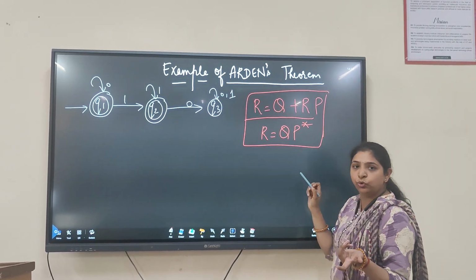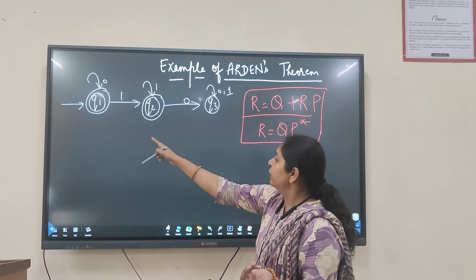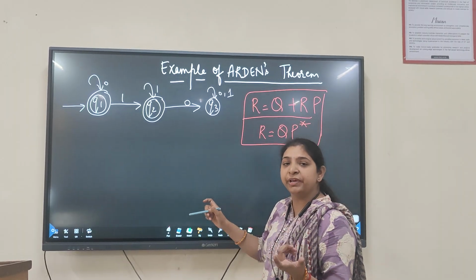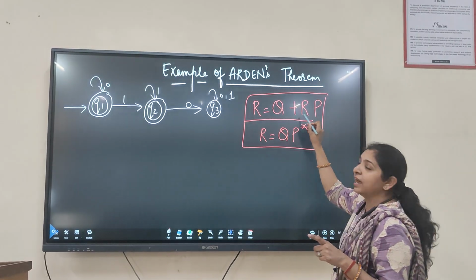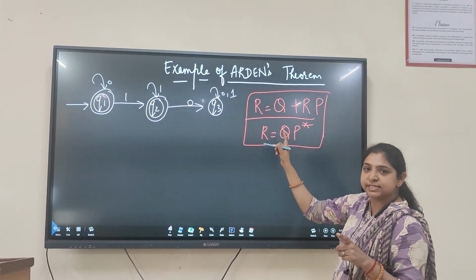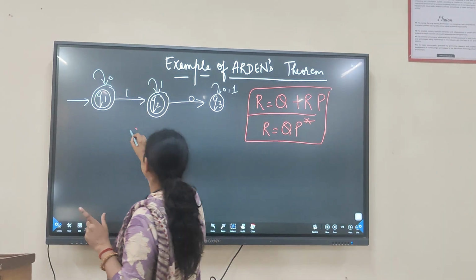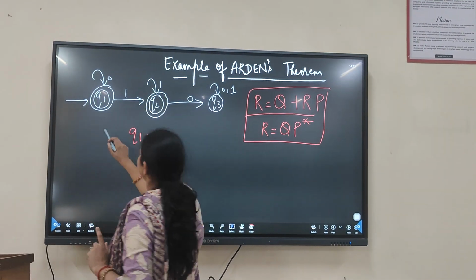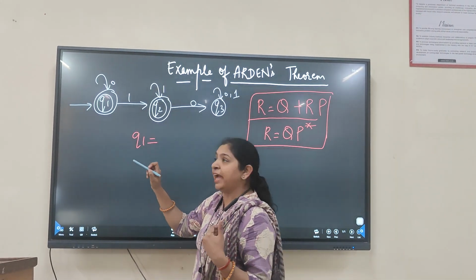Now what you need to do in this example is, you have three states, and you have to make an equation in this form, R is equal to Q plus RP, for all the states. So for Q1 you have to see all the incoming arrows.